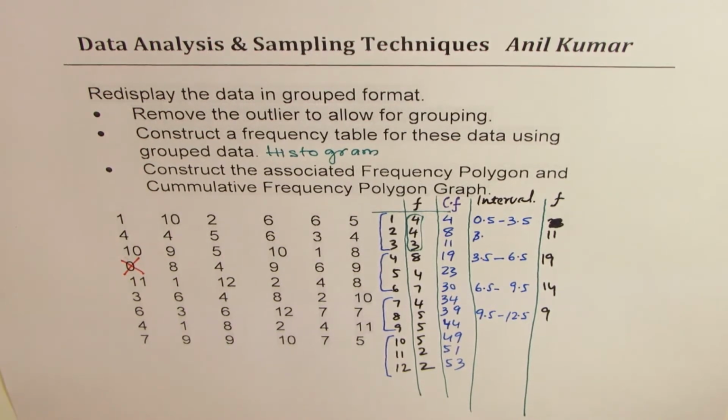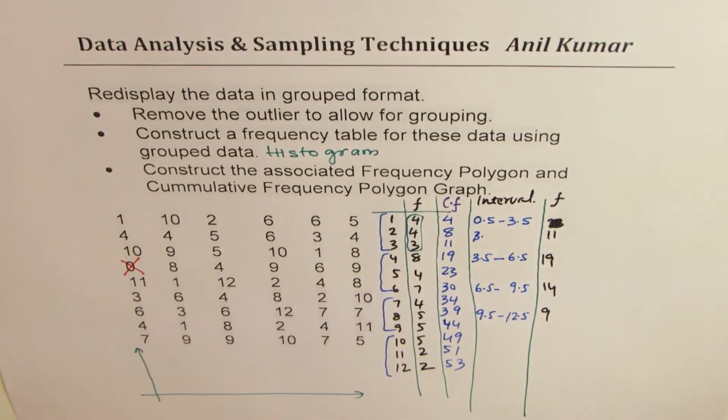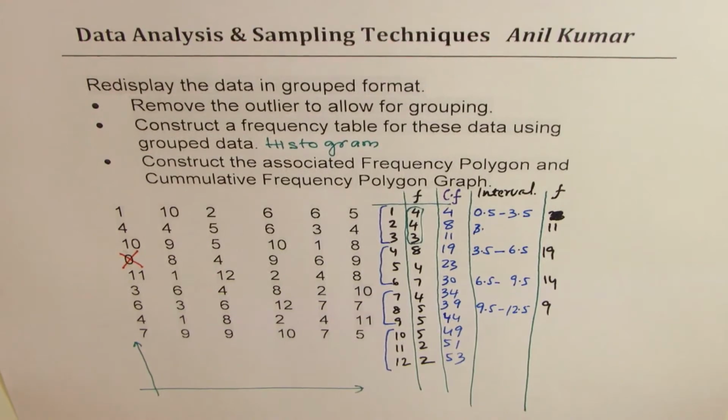Now let us construct our table. So let me do this table here. So we have from, let's say 0.5, 3.5. So we'll write these numbers. Let me push it a bit. There, correct.